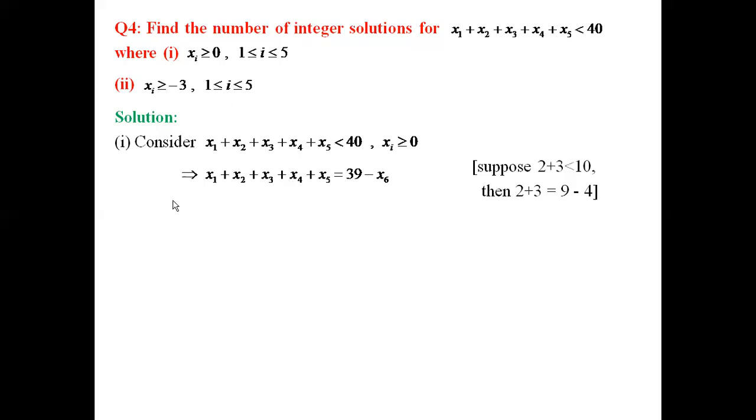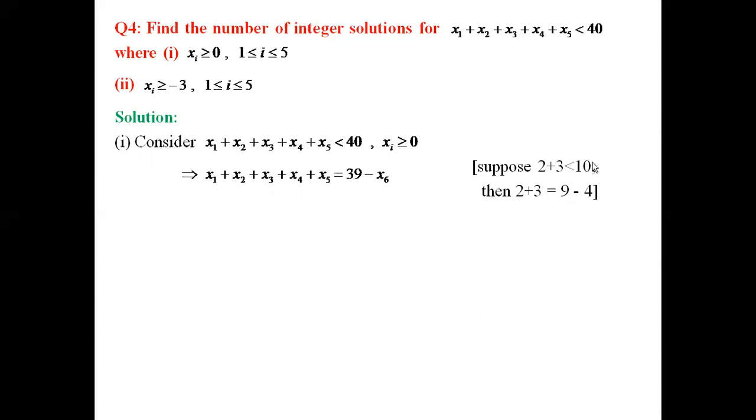We use here a basic property among numbers. Suppose we have two numbers added together that is less than 10, say 2 plus 3 is less than 10, then I can write this expression removing the inequality as 2 plus 3 equal to 9 minus 4.